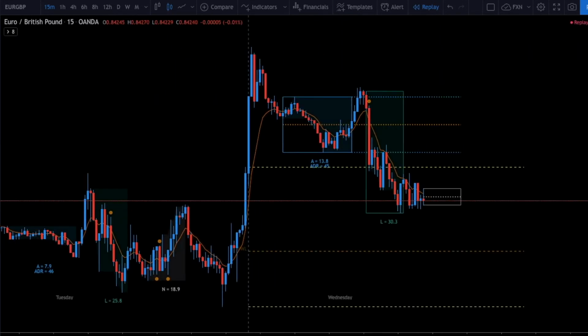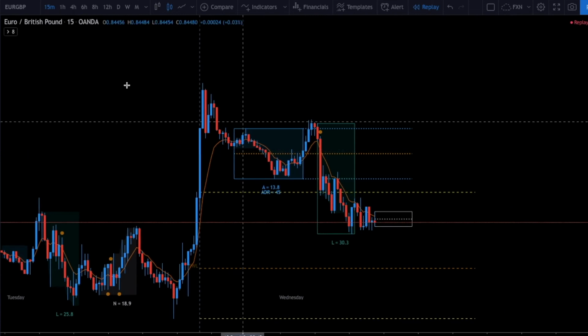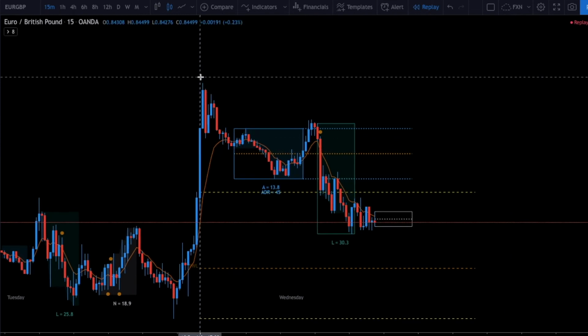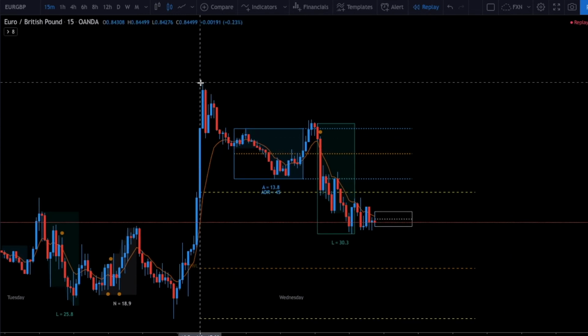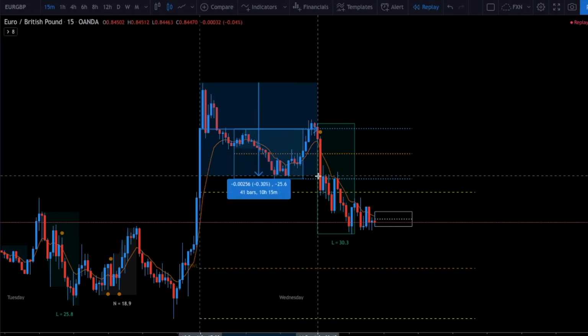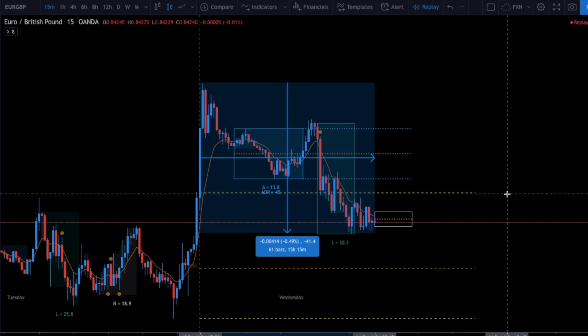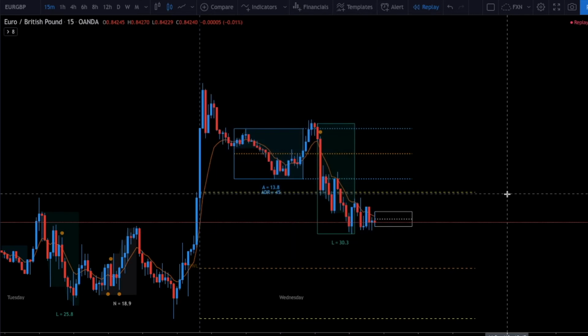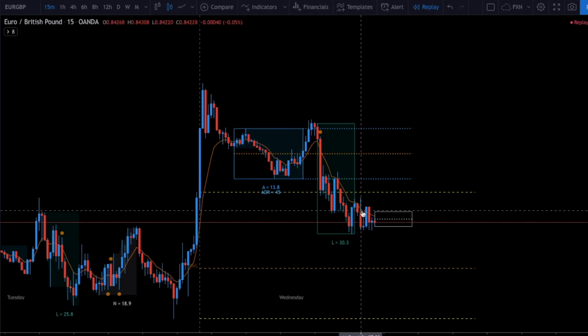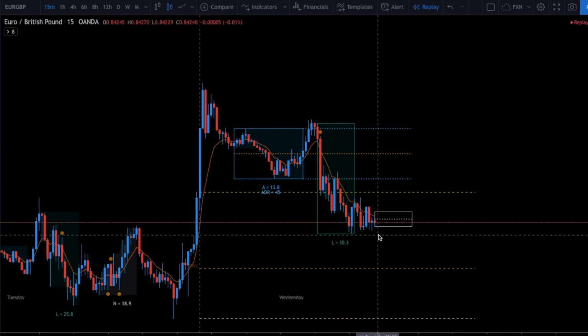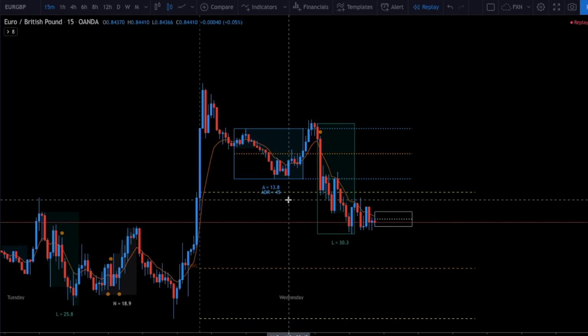As you can see here, if we take the measurement from the very top of the day, from the start of the day at 5 all the way to the bottom, about to start the US session box, we're already at 41 pips, right? So what does that tell us? Basically that the pair has already moved the majority of its entire average daily range already.